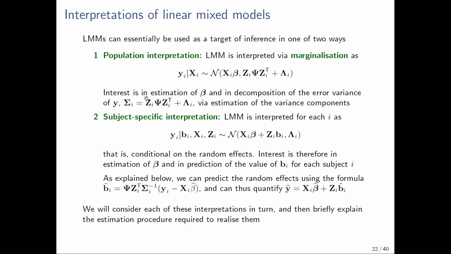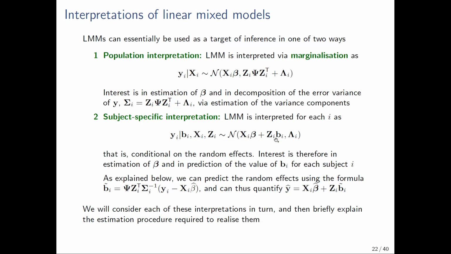Second, we can have a subject-specific interpretation of the linear mixed model. Here the random effects are important because the linear mixed model is interpreted for each subject i conditional on the random effects. y_i given b_i is normally distributed. This time the mean is x_i beta plus z_i b_i, and the covariance matrix now is just Lambda_i.